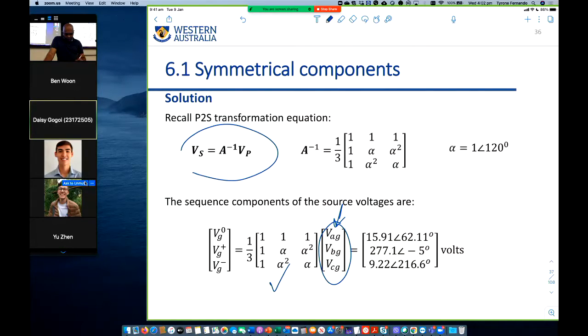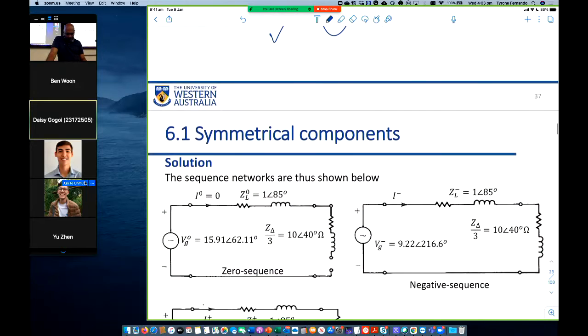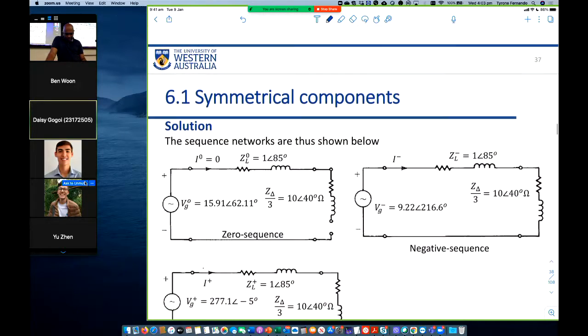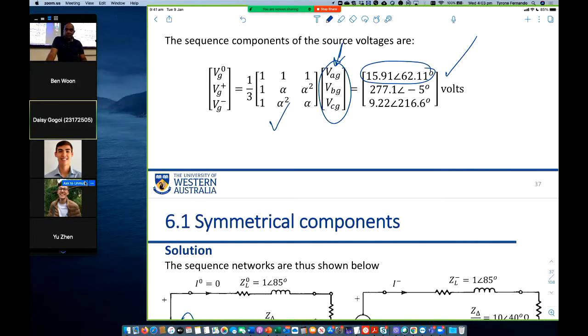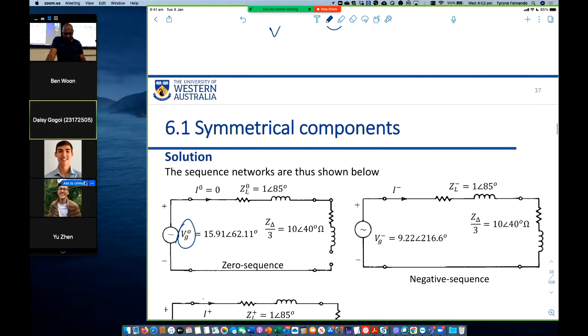So we can calculate the sequence values: A inverse multiplied by the phase values will give us the sequence values. Here is the zero sequence. The zero sequence circuit is given here, and we have a zero sequence voltage, which is this guy here. We compute that.